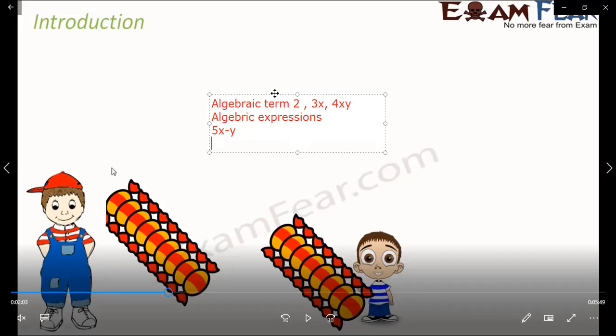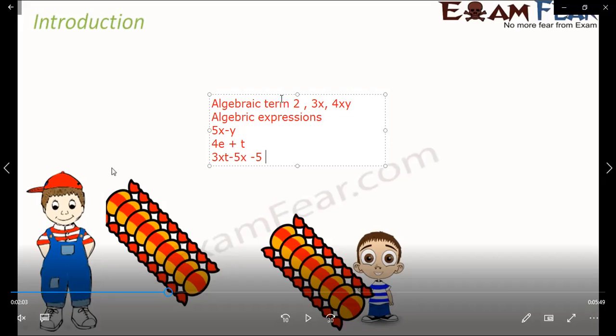Another example of algebraic expressions: 3e plus t. So this is an algebraic expression. 3xy or xt, whatever, minus 5x, minus 5, algebraic expressions.